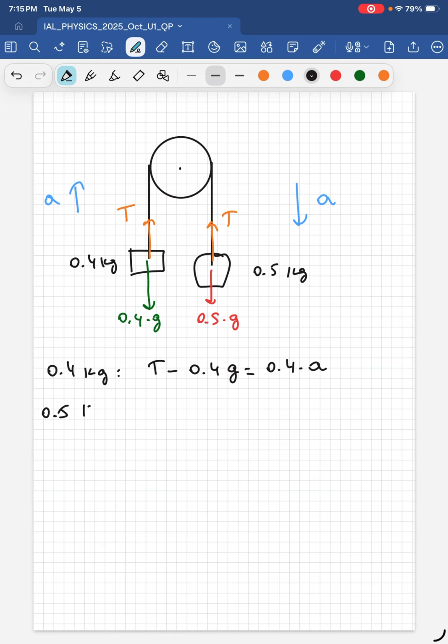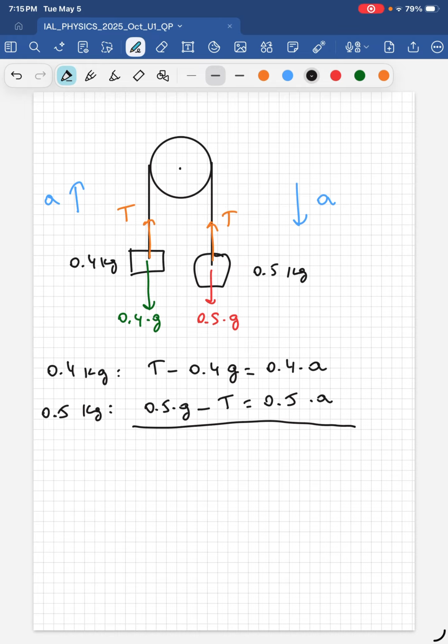For the 0.5 kilograms mass, we're going to have 0.5 times g, because the acceleration is now down. So 0.5 g is a force that is in the same direction as the acceleration. So 0.5 times g minus the tension is going to be equal to 0.5 times a.